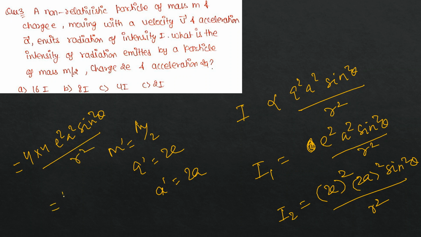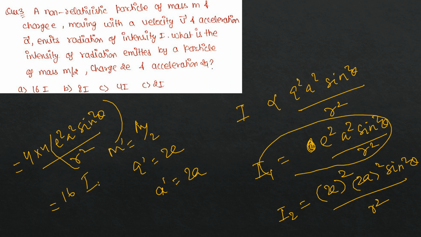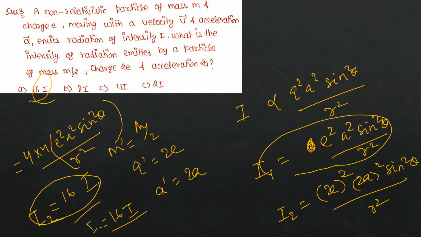That is 16 I1. So this is I2. So check the answer: 16, yeah, option 69, because I1 was the intensity of the first one. Yeah, these are some of the questions from this chapter, radiation.